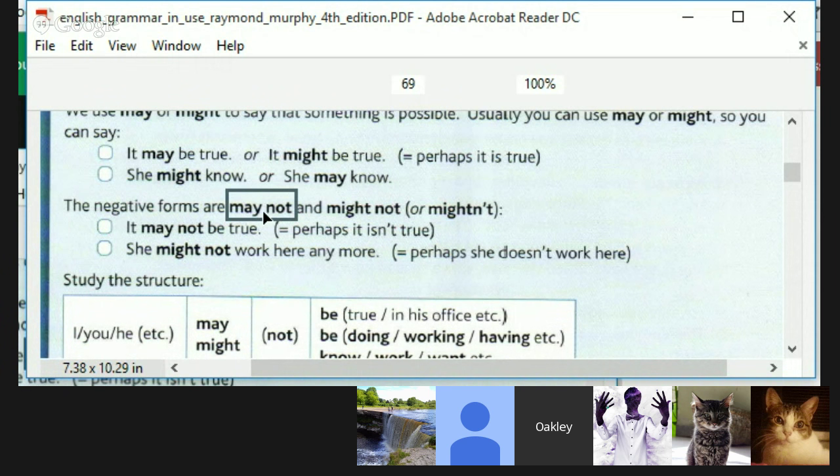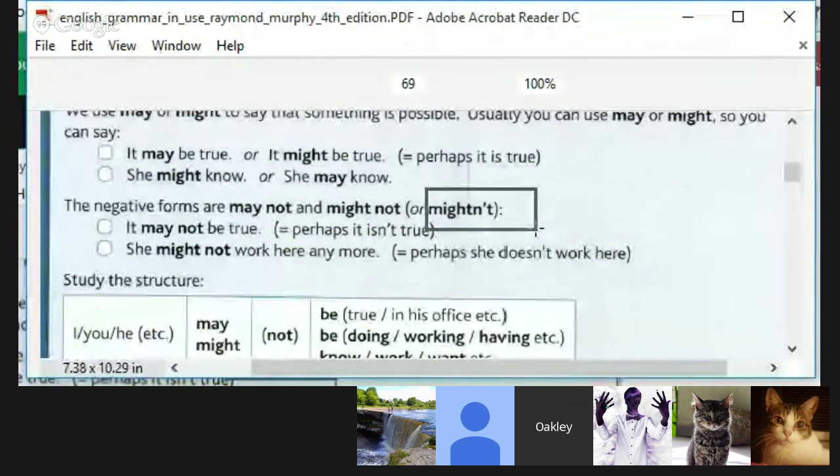Please note that. Almost every auxiliary or modal that you use with not has a contracted form. For example, might not, you can use mightn't. Obviously, other auxiliaries like don't, can't, won't, and other modals have contracted forms: couldn't, wouldn't, shouldn't.